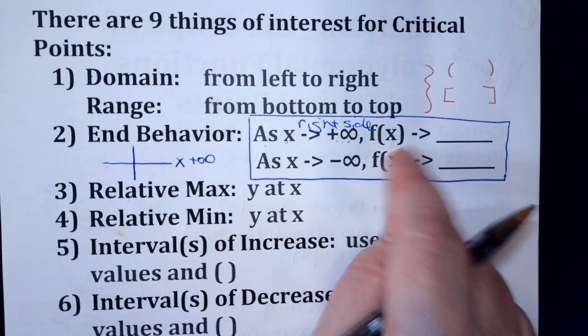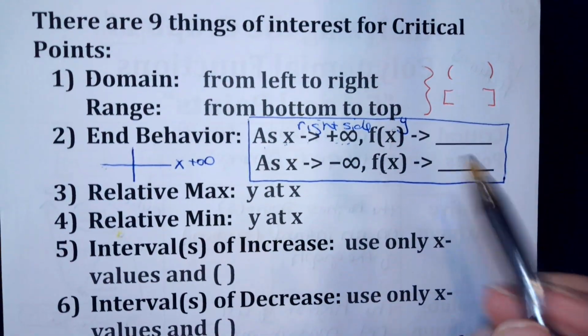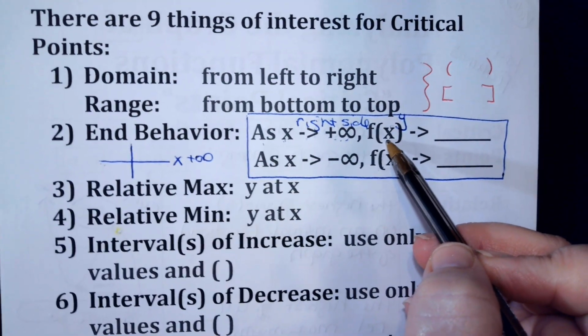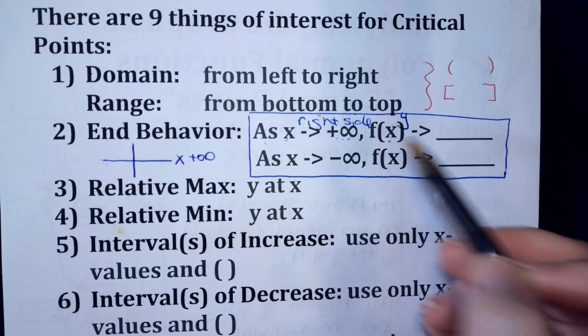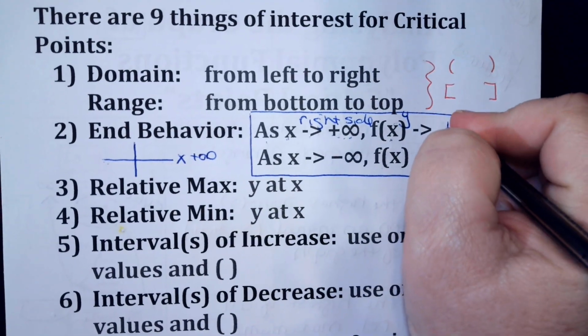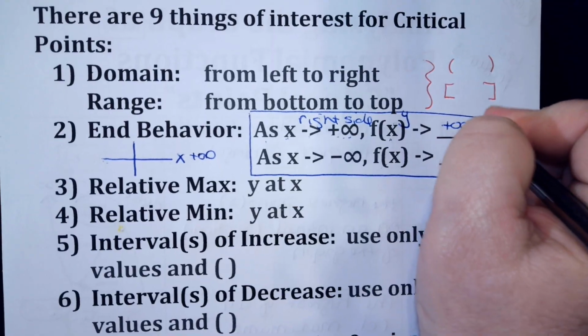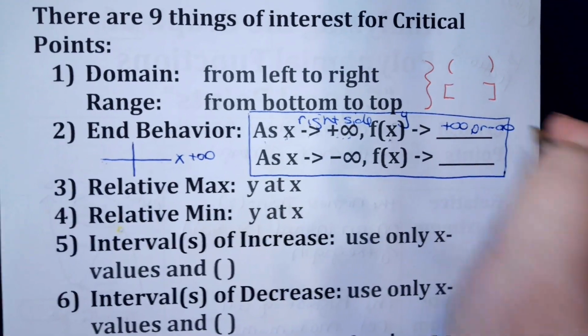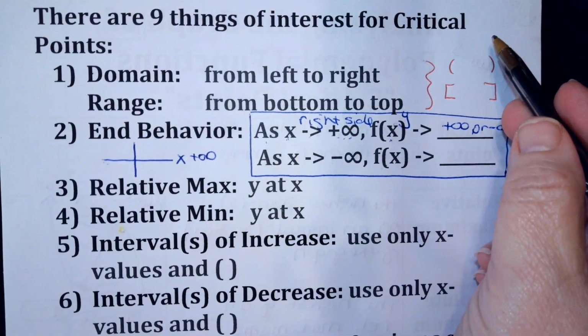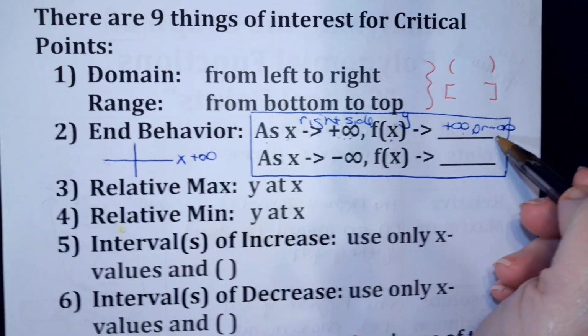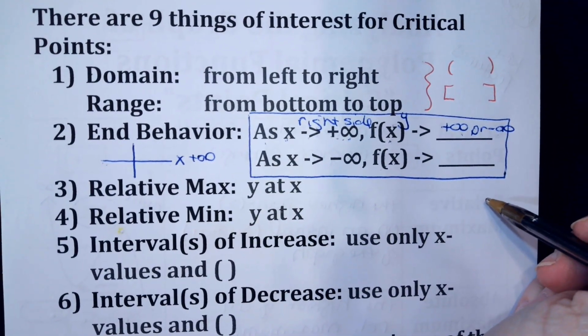Well, we know f of x is just a fancy way of saying y. So it's asking, where's the graph going on the right side? Is it going up or is it going down? So most of the time, this is either going to be a positive infinity or a negative infinity. Okay, so if the graph is going up forever, it's positive infinity. If the graph is going down forever, it's negative infinity.